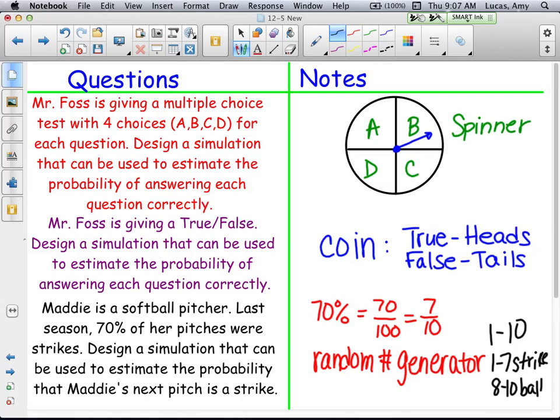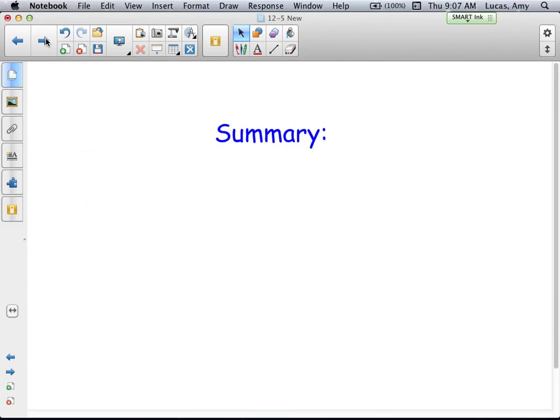Because 70% means 7 out of 10, 70 out of 100 or 7 out of 10 are strikes. So 1 through 7, if those numbers appear, that represents a strike. But then 8, 9, and 10, if those numbers appear, that would represent a ball. Okay, you should be able to write a summary now and check with your teacher for your homework assignment.